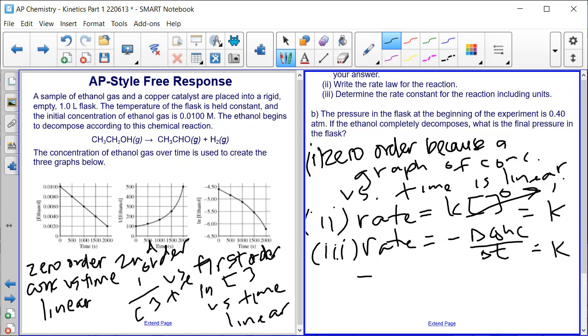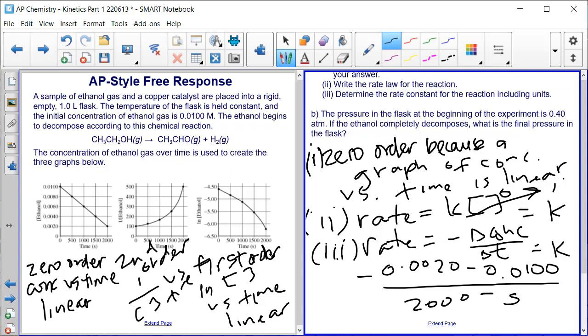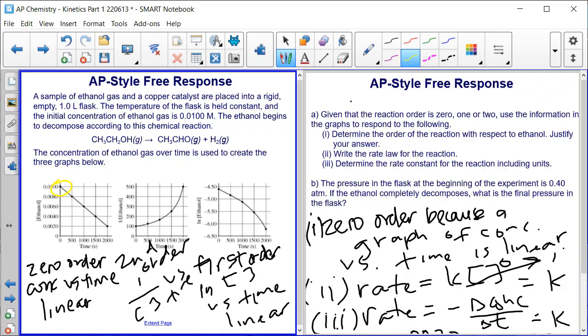So the change in concentration, I'm just going to pick the first point, 0.0020 minus 0.0100 over change in time, 2,000 seconds minus 0 seconds. Okay? So again, on the graph over here, I'm just picking this point and this point.